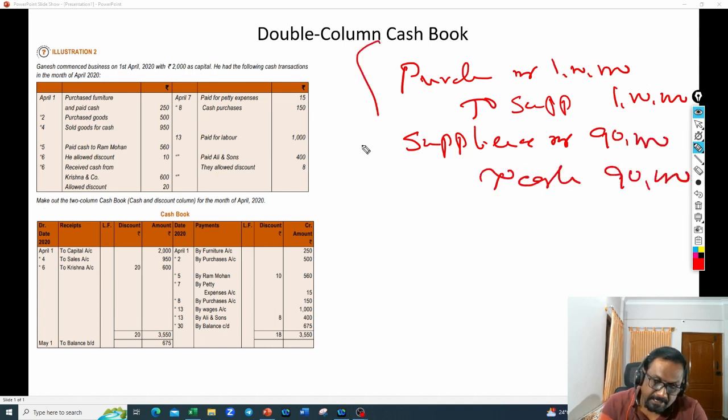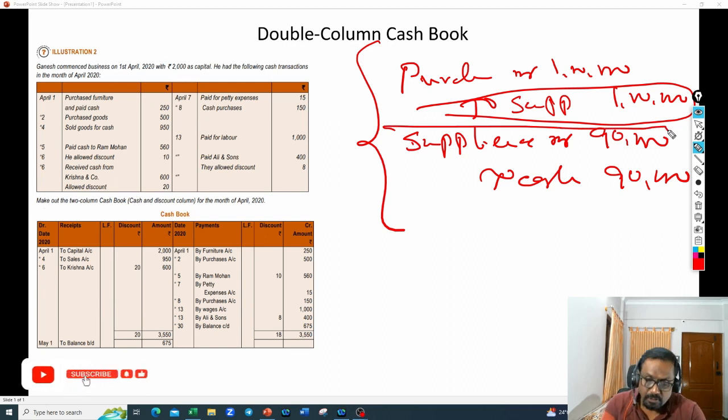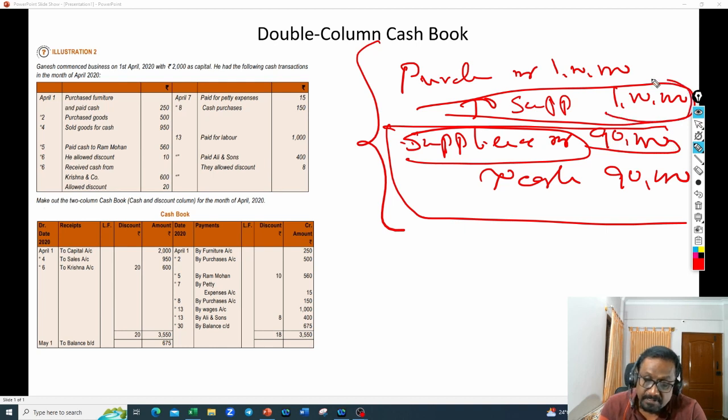If I end up writing these two entries, you know what the problem is? I have not fully settled this amount. He said he is giving a 10,000 discount, but I have not shown the discount in the books. I paid 90,000, so I wrote an entry only for 90,000. The supplier account is debited with 90,000, but previously the supplier account was credited with 1 lakh.